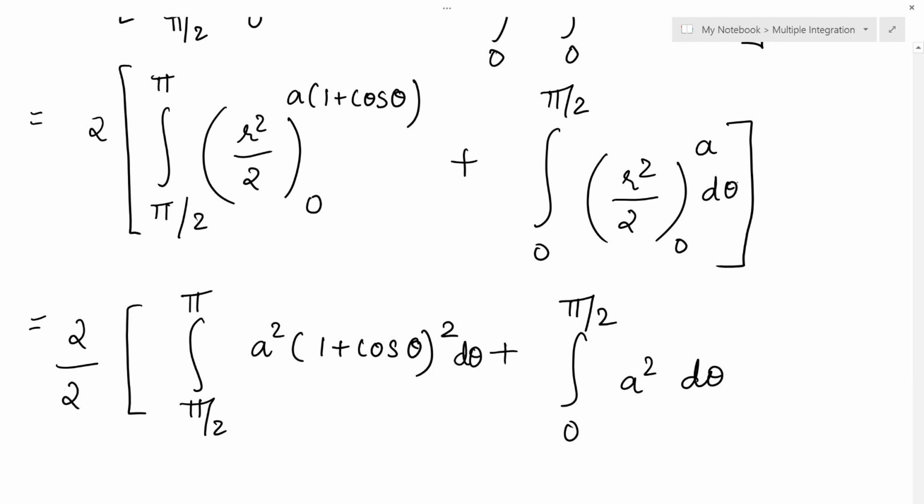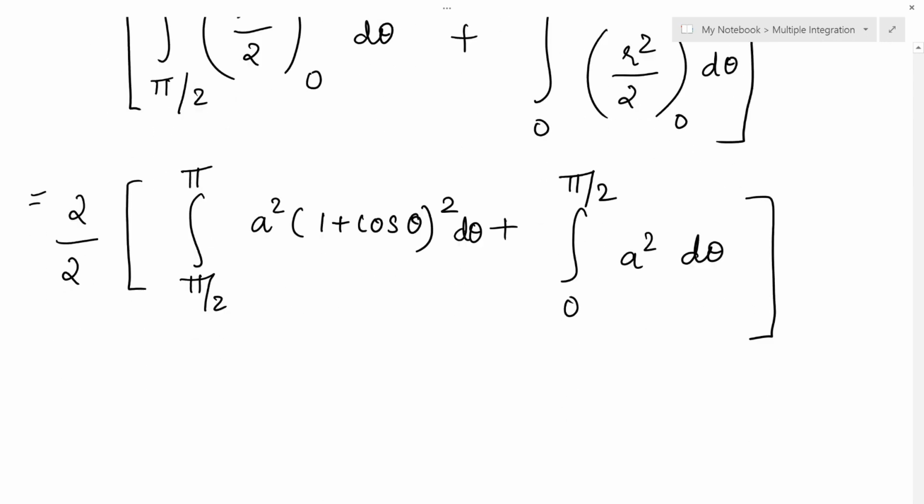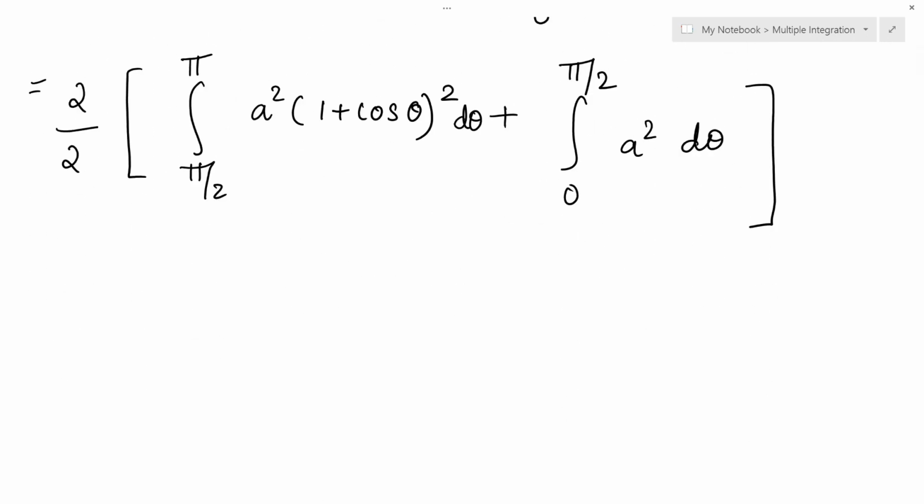Okay, so now I'll have to integrate this with respect to theta. Let's first open the brackets of the first integration, then the integration will become easier. You can take a square common if you want, but let me do that later. So that is 1 plus 2 cos theta plus cos square theta.